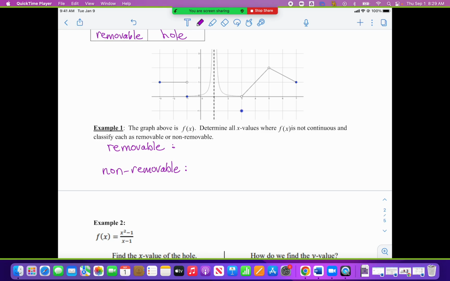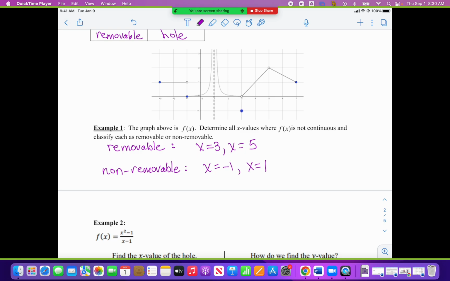All right, Maddie, what did you put in your removable discontinuity? X equals 3 and X equals 5. Good job. X equals 3, X equals 5. Can you give me thumbs up? Did we get that? All right, Leah, what did you put for your non-removable discontinuities? X equals -1 and X equals 1.